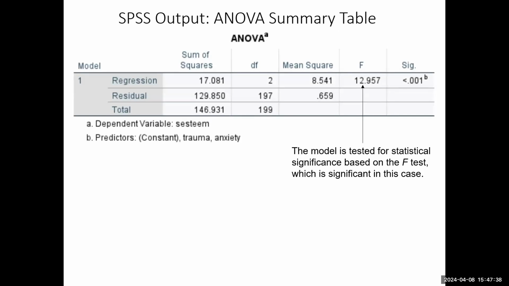Okay, next we have our ANOVA summary table. And for those of you familiar with the analysis of variance, this table will look at least vaguely familiar to you. Okay, we've got sums of squares, degrees of freedom, mean square, our F ratio, significance value.